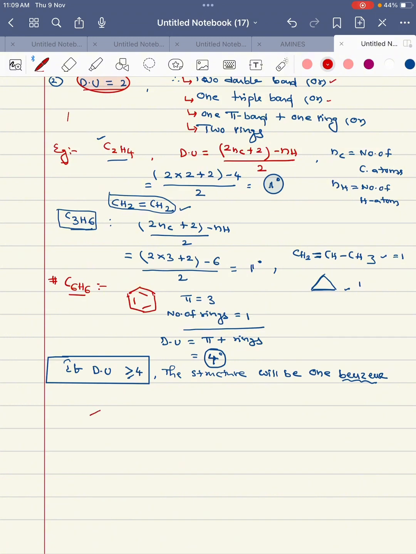Suppose this is the example they have given. C triple bonded, it is CH. Here one double bond.